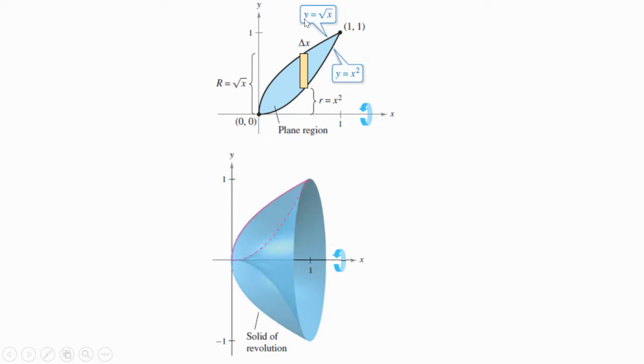So you have to figure out, where does y equal the square root of x intersect y equal x squared? You find that by setting x squared equal to the square root of x, and you square both sides, and you end up solving it. You find out that it will happen either at 0, or at x equal 1.